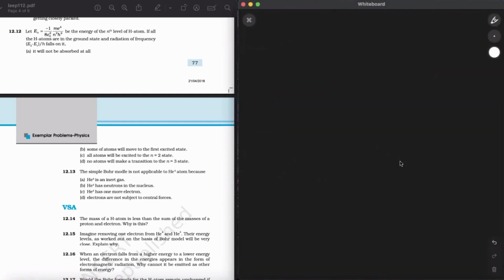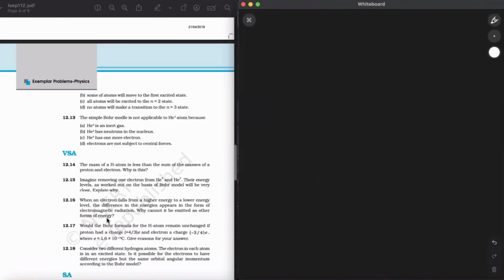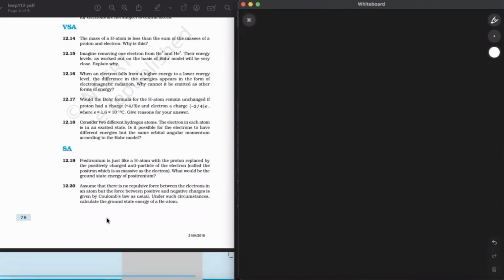Moving on to these very short answer types. Okay, so let's see. The first question is: the mass of a hydrogen atom is less than the sum of the masses of proton and electron. Why is this? So what has been given to you?